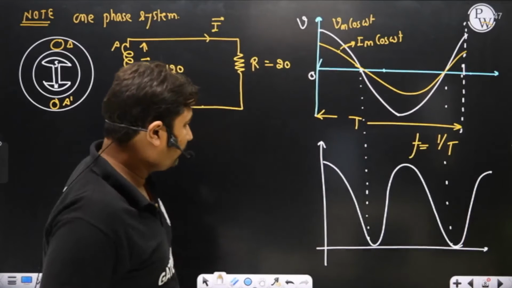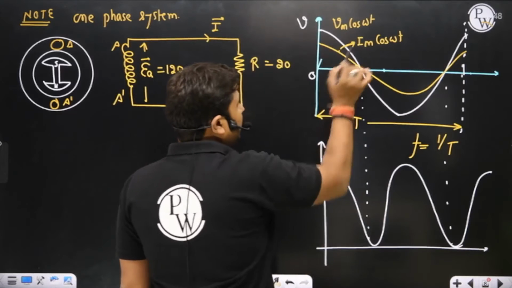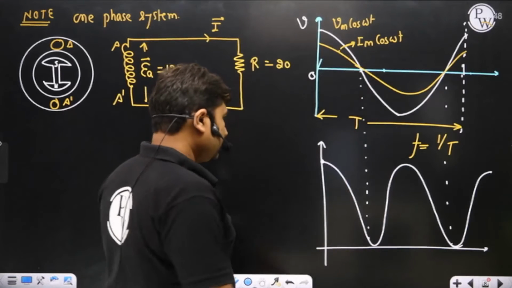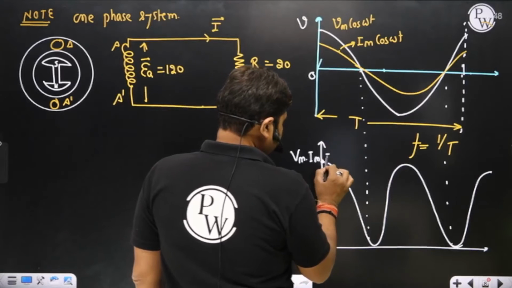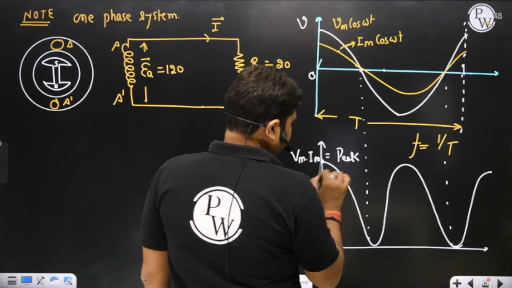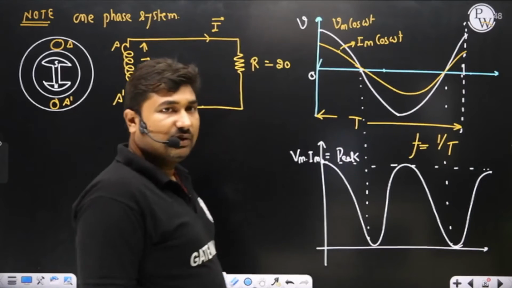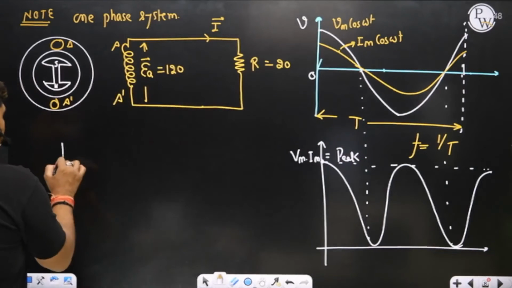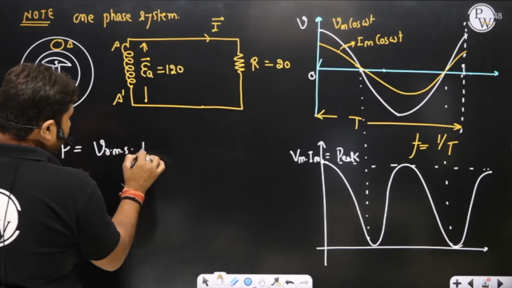What is the peak value of the power? Vm into Im is the peak power. But what is the effective value of the power? The effective value of the power is Vrms into Irms.